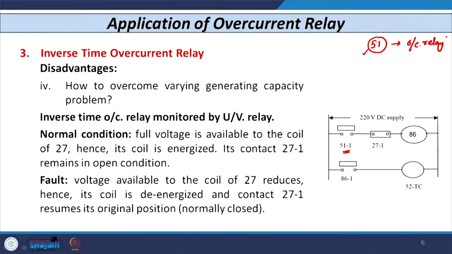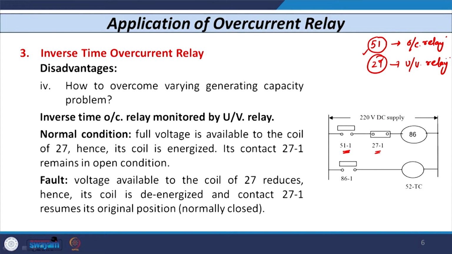So, relay 51 operates. When relay 51 operates, its contact closes, and further action will take place. But when the condition is normal, when there is no fault and the feeder takes full load current, I have also connected another contact, that is 27. 27 is the coil of the undervoltage relay, and 27 is the contact of the undervoltage relay.